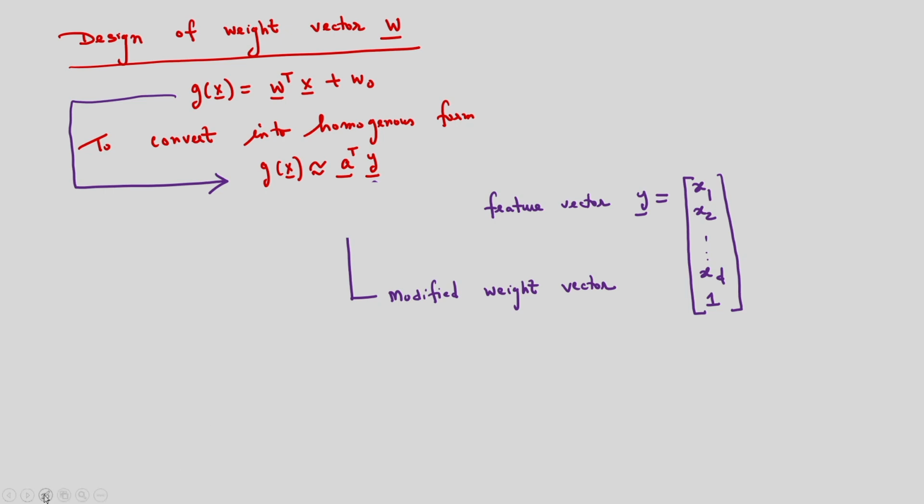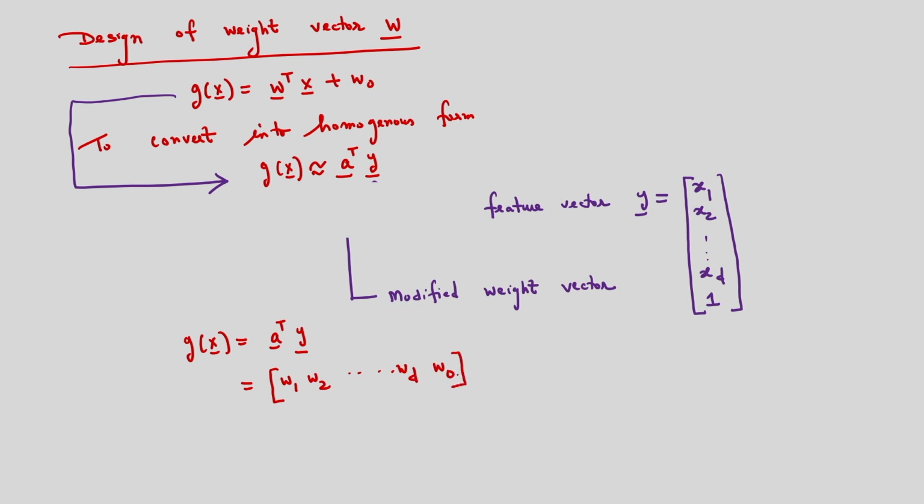So now how to write G(x)? G(x) is equal to A transpose Y, and we have the modified weight vector. In the modified weight vector, we are considering all the components of W, so this is W1, W2 up to WD, and also the bias weight.